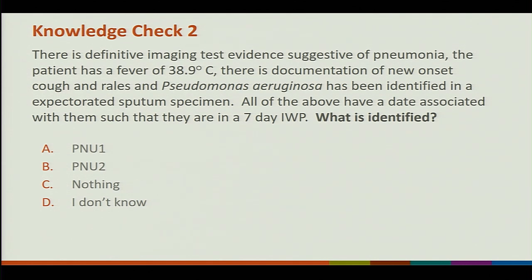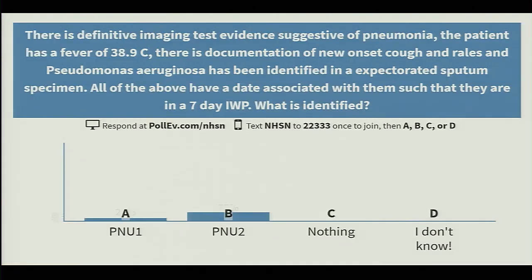The patient has a fever of 38.9. There is documentation of new onset cough and rales, and Pseudomonas aeruginosa has been identified in an expectorated sputum specimen. All of the above have a date associated with them such that they're all falling within a 7-day infection window period. What is identified? New 1, new 2, nothing, I don't know. And I hope that I don't see any I don't know answers.